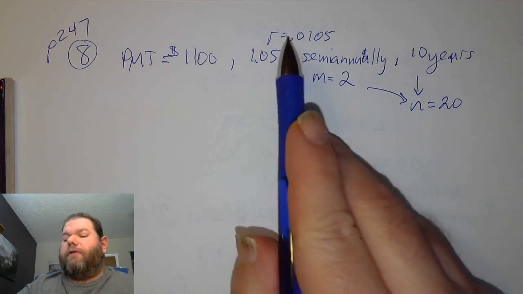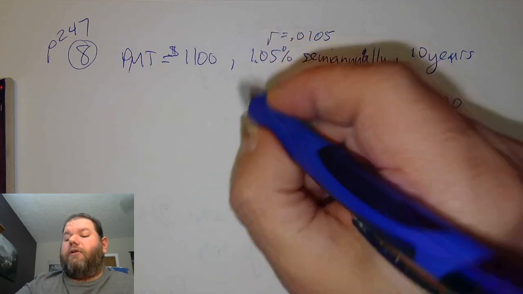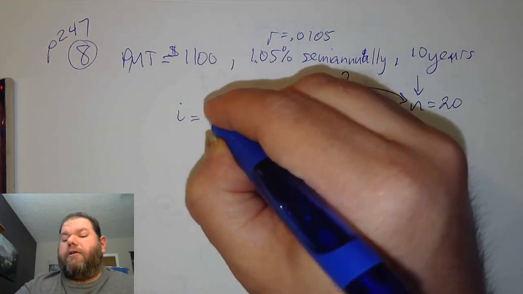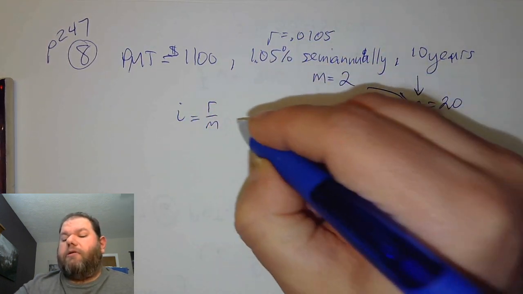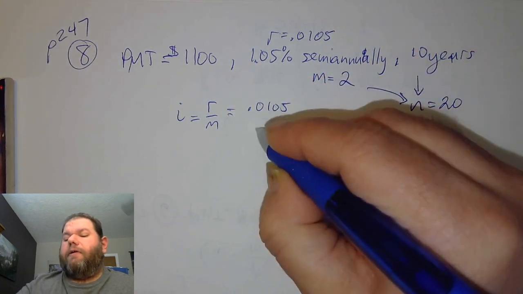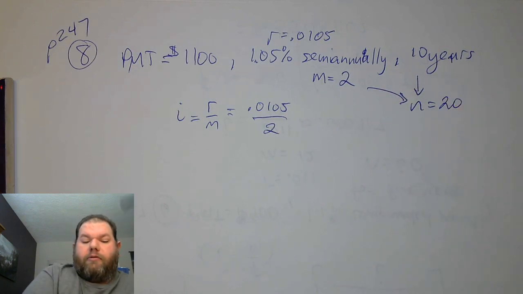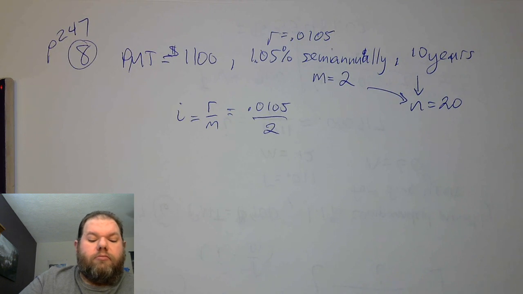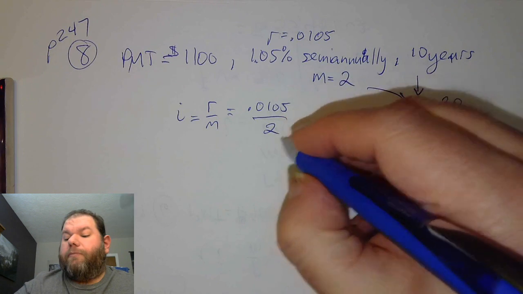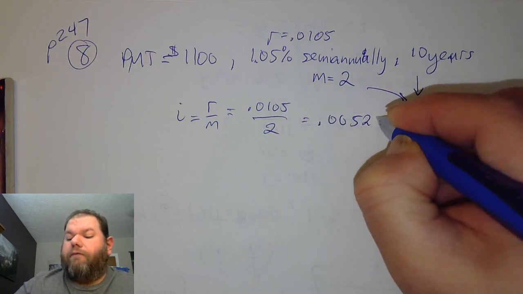So that identifies our main variables, R, M, and N. So we define I as R divided by M. So that'll be 0.0105 divided by 2, which is going to be 0.00525.